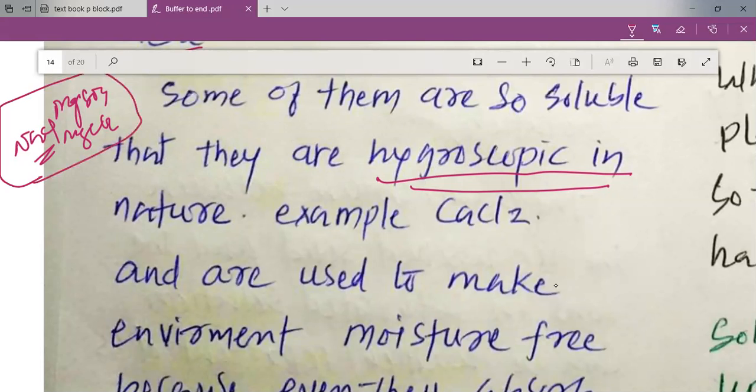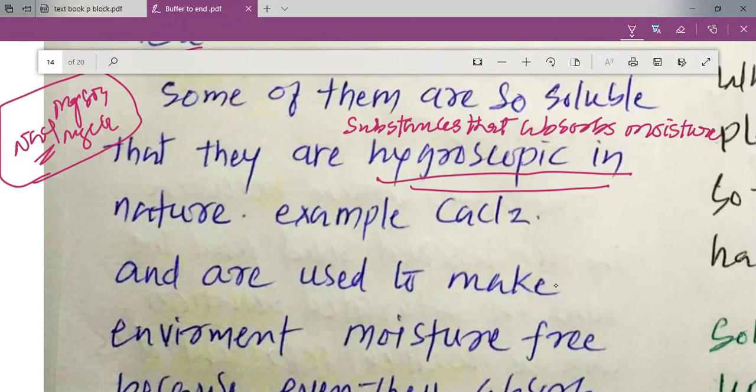So hygroscopic means substances that absorb moisture from the air. They are so highly soluble in water that even the moisture present in air is absorbed and they get wet.